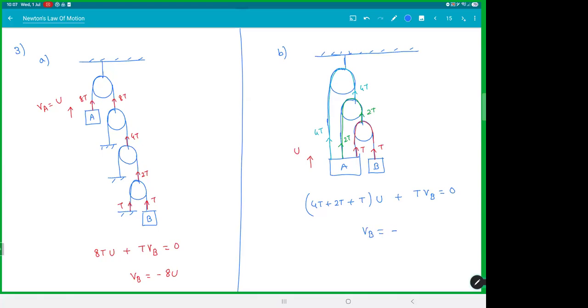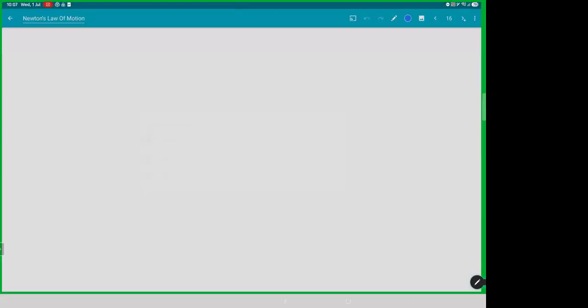So VB is equal to minus 7U. Minus means you're going down. All clear with this? Easy. Get the tension, get the velocity, multiply, and you're done. Any doubts on this? Let's see.